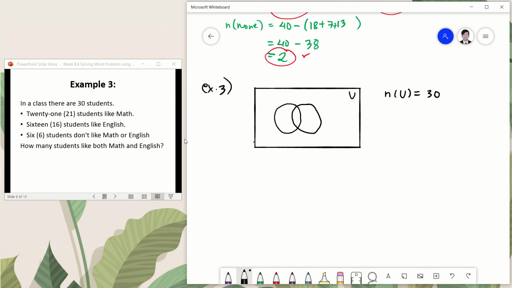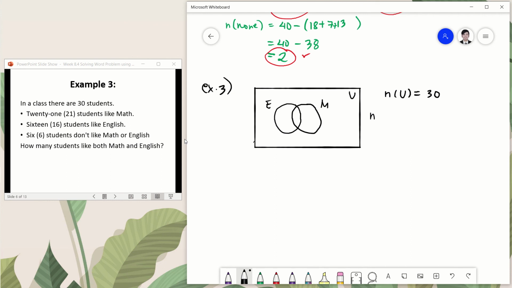One is for English and one is for math. Take note, there's no word "only" in our given data. So that means the 21 students who like math, there's also a tendency that some of them like math but English as well.